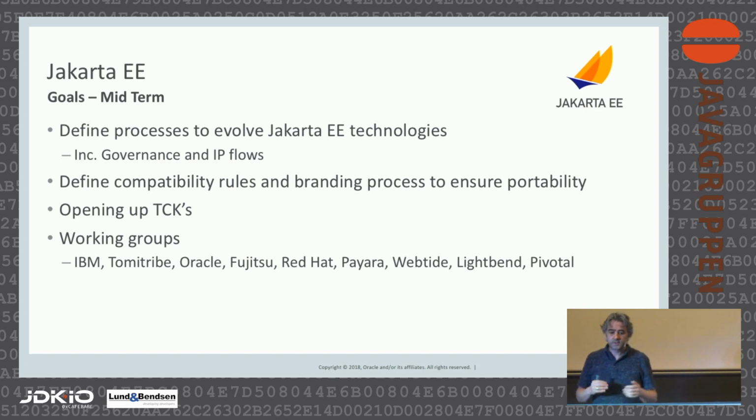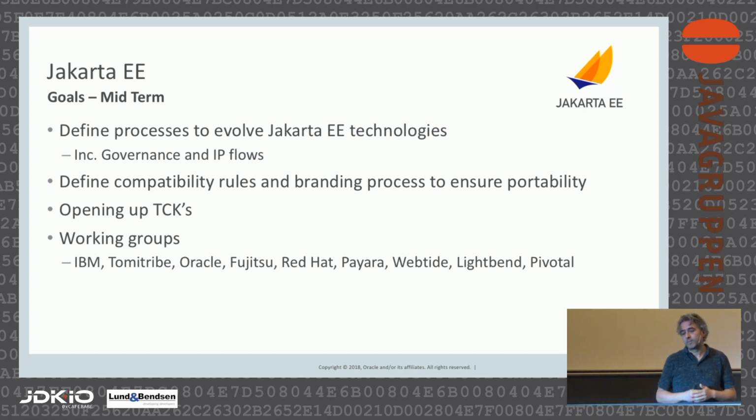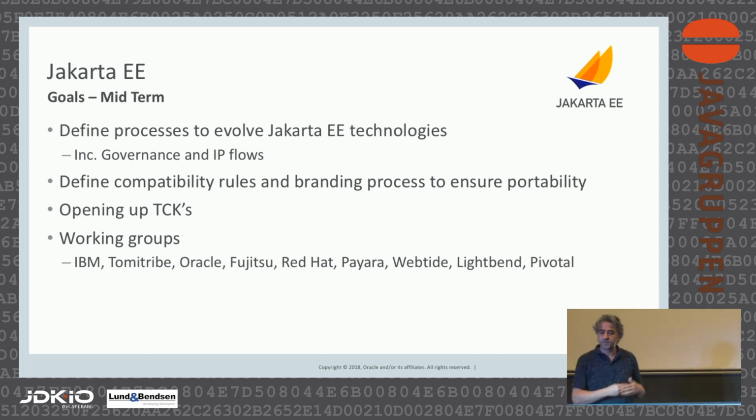So all that work is ongoing, and it's something that should be probably done, I don't know, September, October. We should have a first set of those processes in place so that we can effectively work on achieving the end goal of Jakarta EE, which is really evolving the platform.